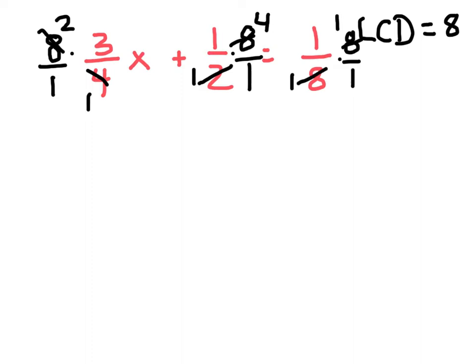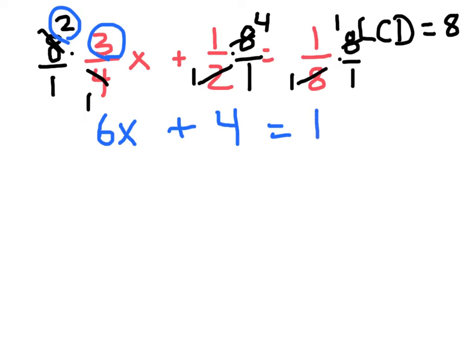We're going to have 2 times 3x, which would be 6x. See that? 2 times 3 is 6, and I still have my x. Here I have 1 times 4 in the numerator, 1 times 1 in the denominator, so that's just 4. And on the other side, the 8's canceled, so now I just have 1.